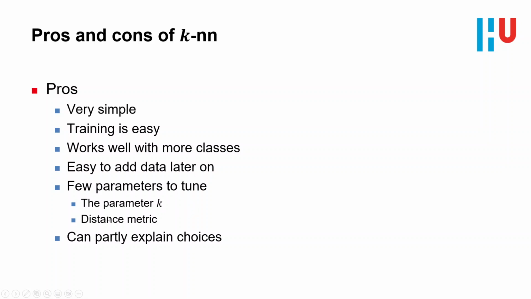There are few parameters to tune: basically the K parameter, and you have to choose what kind of distance metric. It's a little bit difficult if you've got like 700 or 800 features. But if there are not that many features, you can even visually see why it chooses the prediction it chooses.